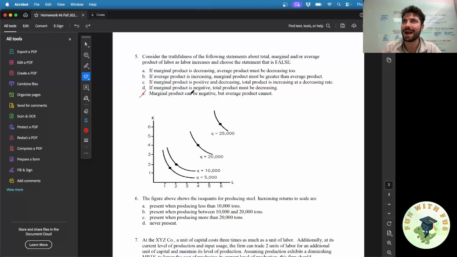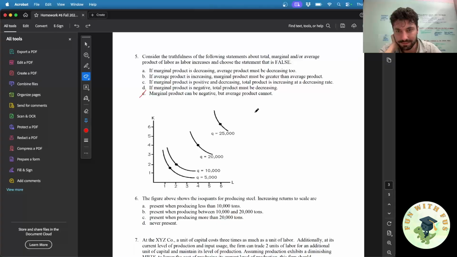But I think what average product means is you're taking the total amount of stuff and then making an average. So assuming you've made a positive amount of stuff, then it inherently has to be positive as well. If marginal product is negative, total product must be decreasing. I think that makes sense.